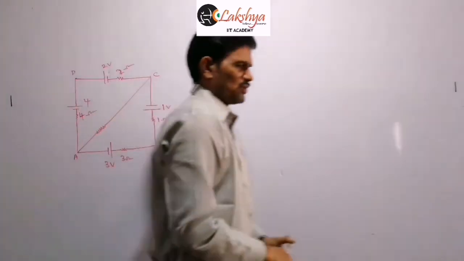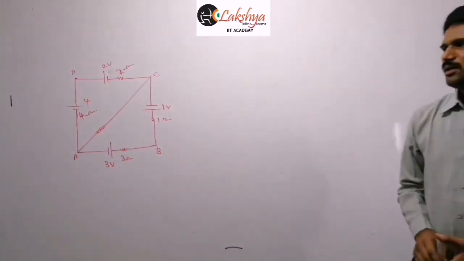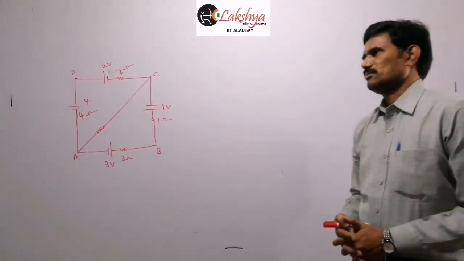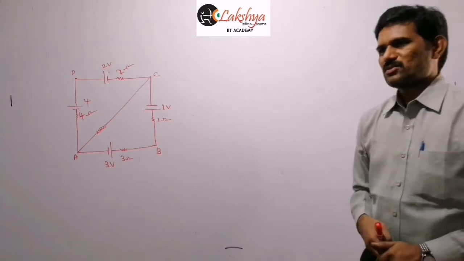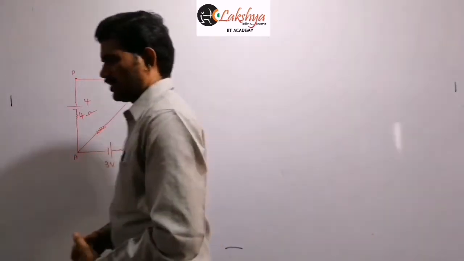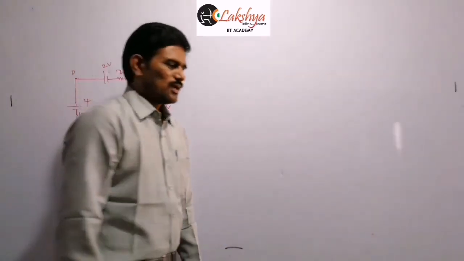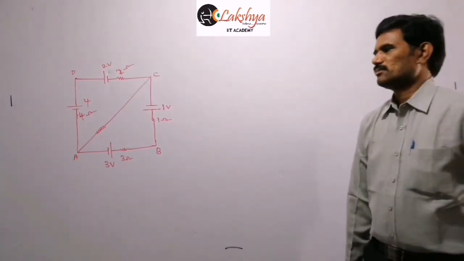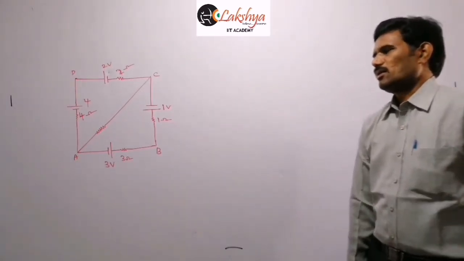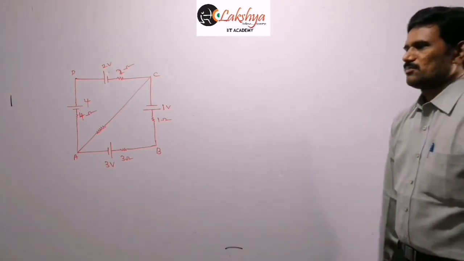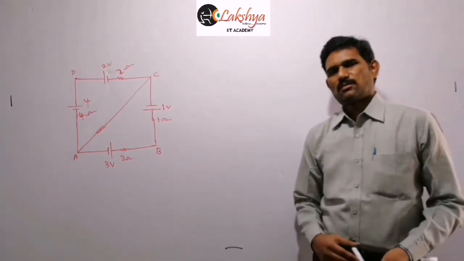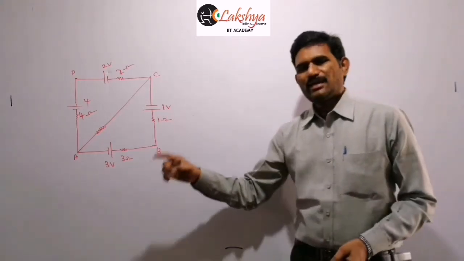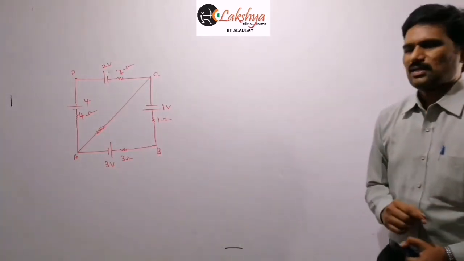The circuit shown in figure. In the circuit shown in figure, find current in different branches, and also find potential difference between the points B and D, and potential difference between the points A and C.